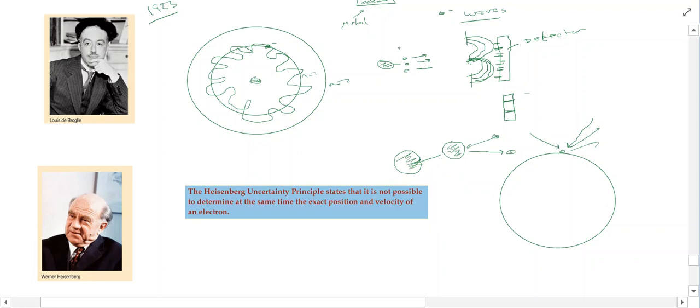If you want to discover the velocity of something, imagine you have an object passing in this direction, and you want to get its velocity. Well, you have to take a measurement here and here. So you're going to get position, we say x, and then you're also going to get time.